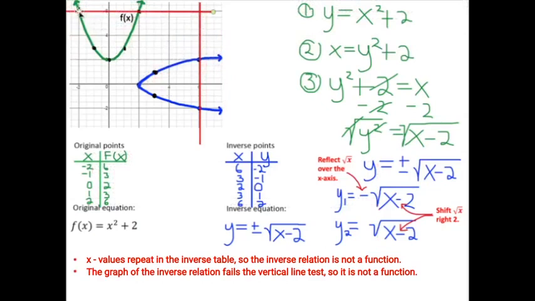This is the point negative 2, 6, and this is the point 2, 6. Those are some points that we see here in the table. But notice when we look at the table that we have repeated y values, right? So same thing here with these 3's. These are repeated. And if you notice, that's going to be another place on the graph where the horizontal line crosses more than once.